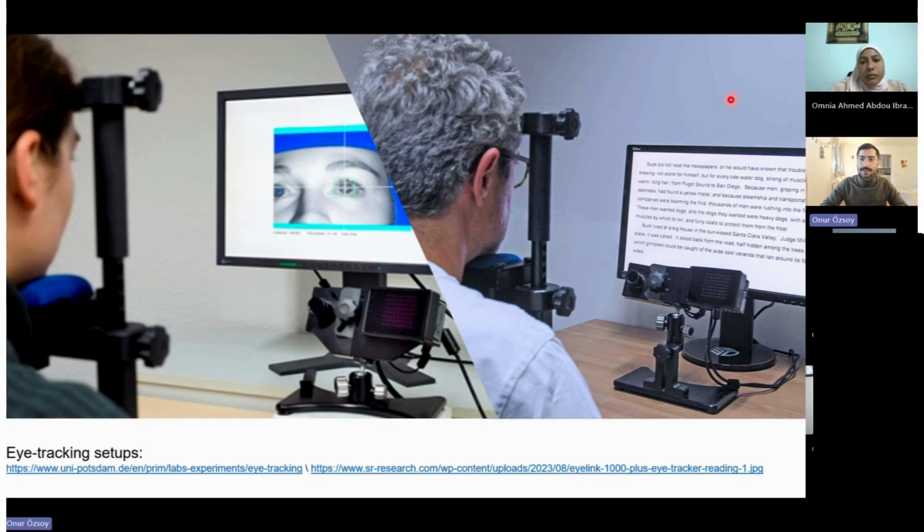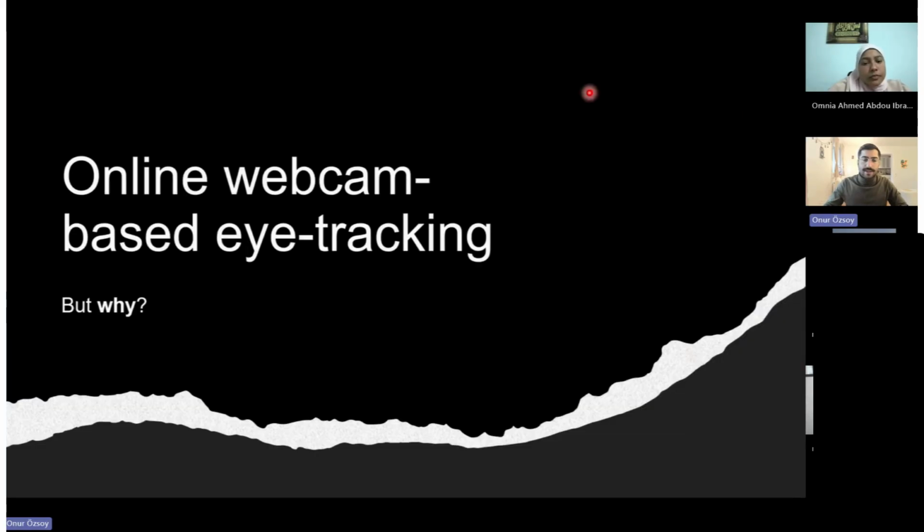And to open up the eye tracking part, I want to talk about online webcam-based eye tracking for a few minutes, and give some reasons why it could be good and useful.